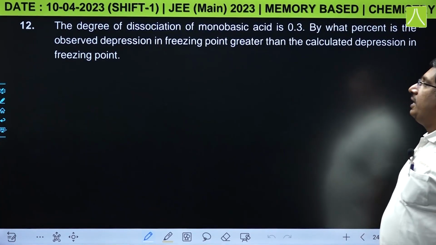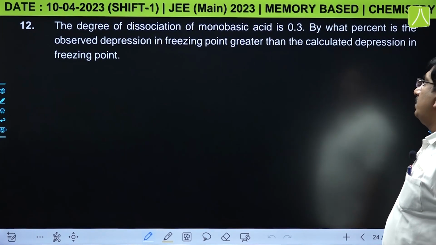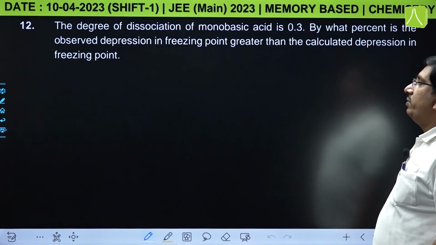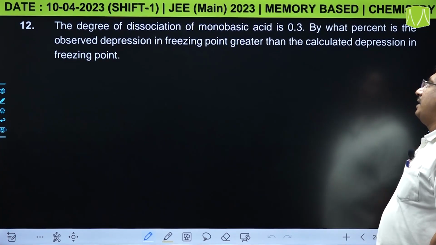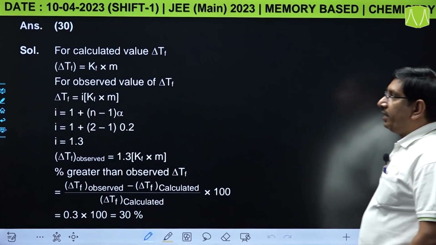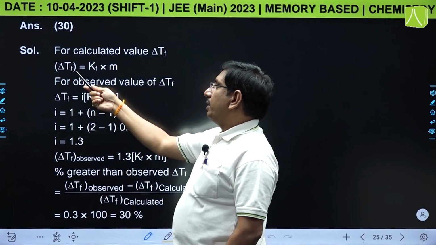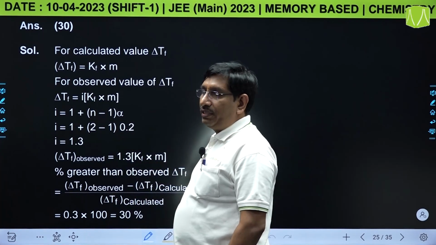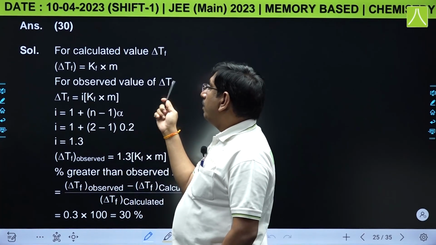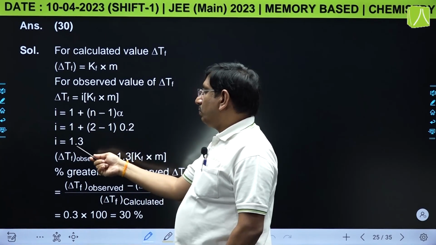Next, the degree of dissociation of monobasic acid is 0.3. By what percent is the observed depression in freezing point greater than the calculated depression in freezing point? So, let us take the calculated delta Tf. For calculated delta Tf, the formula is Kf into m. For the observed value of delta Tf, we are calculating i equal to 1.3.